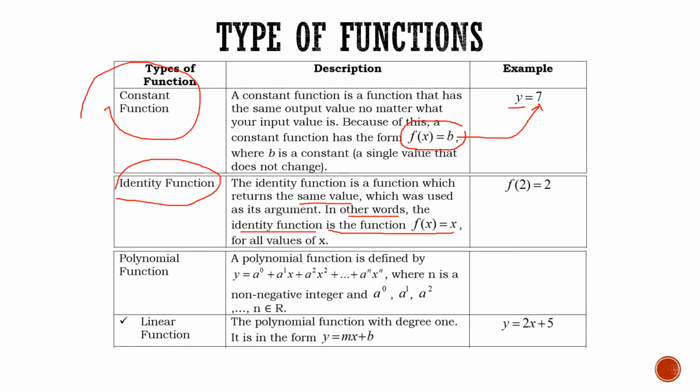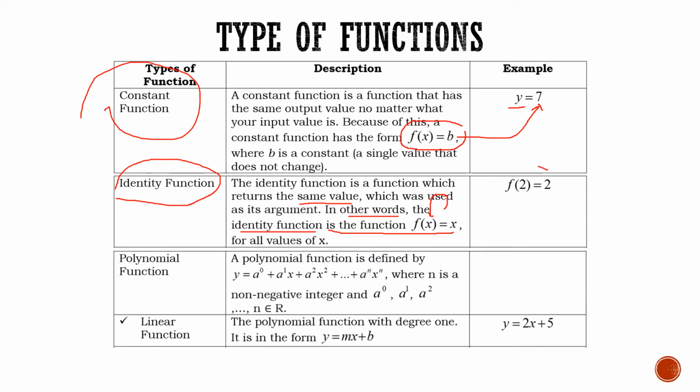Meaning to say, whatever value you put as the variable x in your function will be the resulting value of the entire function. So if we put a value for x in the given function, the resulting value of this function must be equal to the value we put for your variable x. So that will be your identity function.